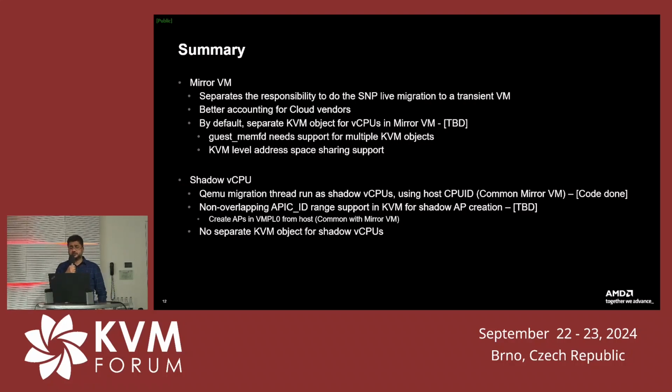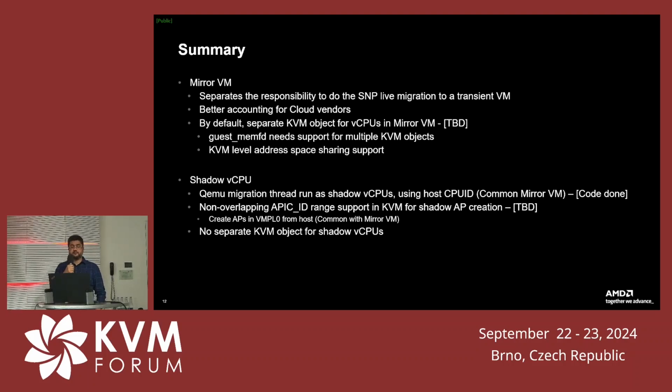Both these approaches also have common things we need to work on, like creating APs. The mechanism is a bit different. The APIC ID issue we have to teach to KVM, but the creation of APs from host to SVSM is a common problem we are working on.